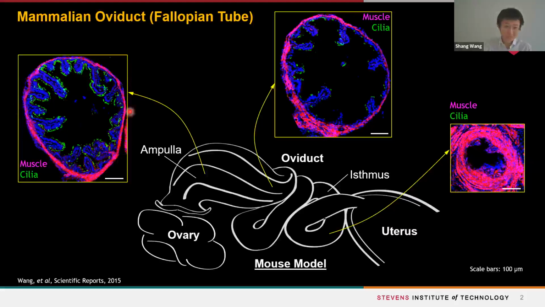One is the contraction of smooth muscle located on the wall. The other is the beating of motile cilia on the epithelia of the lumen. Despite a long history of research, how these two sources of force contribute to or regulate the reproductive process inside the mammalian oviduct is still not clear.